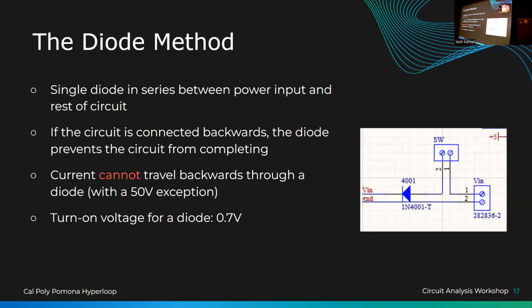If you plug the battery on the other side, it's going to hit a wall. Electricity is not like us, it can't jump over that wall, so nothing will go past. That's the whole purpose of a diode: it stops current going one way and lets it go the other way.